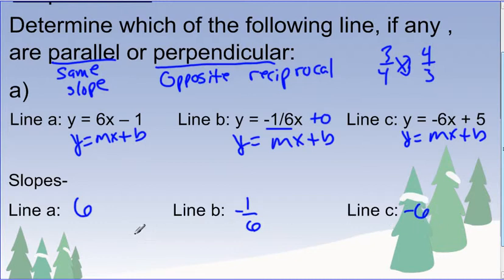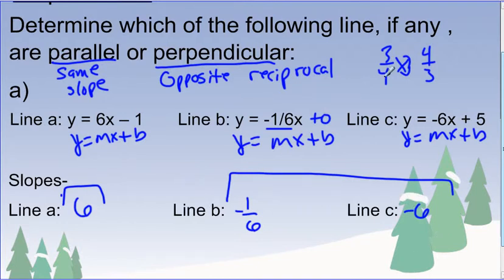All right, first off, are any of the slopes the same? No. So none of the lines here are parallel. The next thing we've got to figure out is, are any of the slopes the opposite reciprocal? Opposite means they have different signs. So this one's positive, these two are negative. We need the opposite reciprocal.